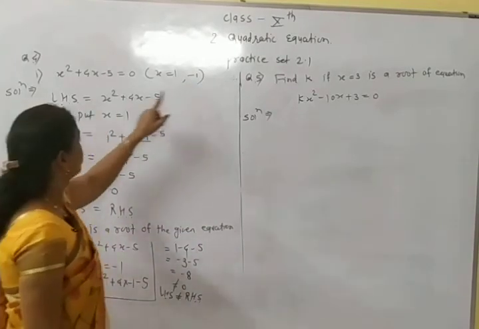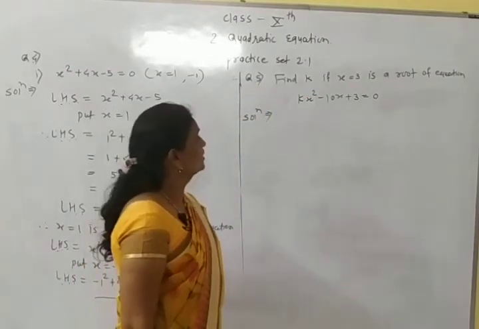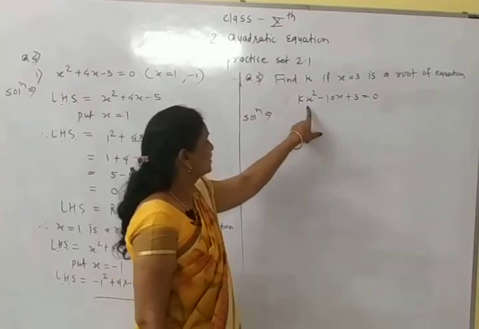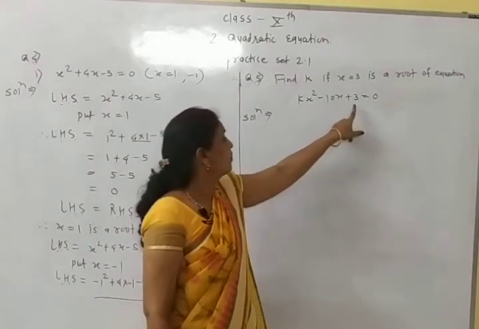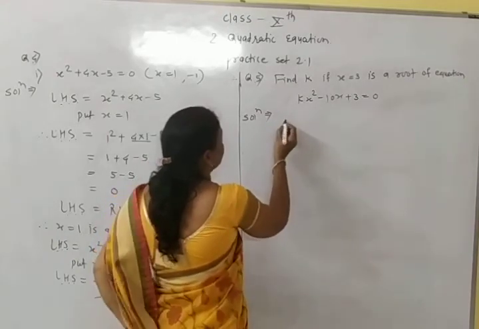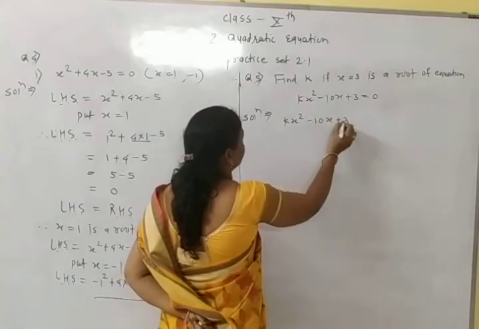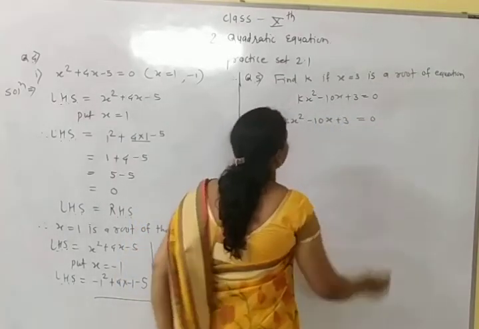Okay. Then question number 5. Find k, if x equal to 3 is a root of equation kx square minus 10x plus 3 equal to 0. Then given equation is kx square minus 10x plus 3 equal to 0.